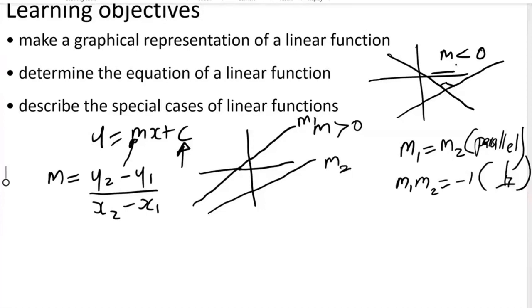So I'm throwing the keywords; this is the language that you need to be aware of when we are working with linear functions. So now we are done with describing m, the gradient.